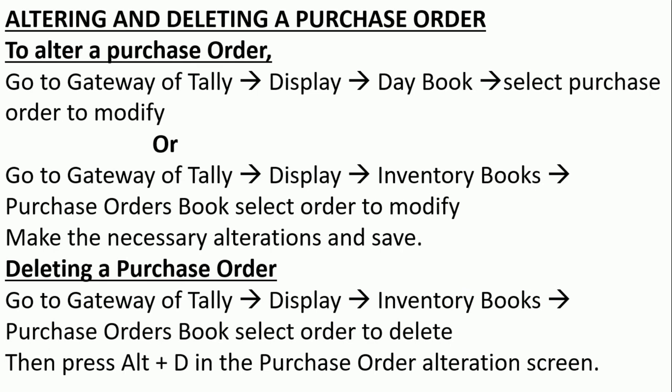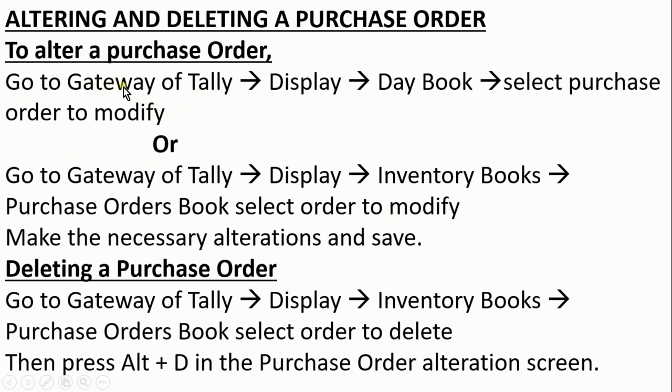And in the same way, to alter or delete a purchase order, go to gateway of Tally, display daybook, select the purchase order to modify, or go to gateway of Tally, display inventory books, purchase order book, and select the order to modify. And the same thing we will take for the sales order. There is no change.